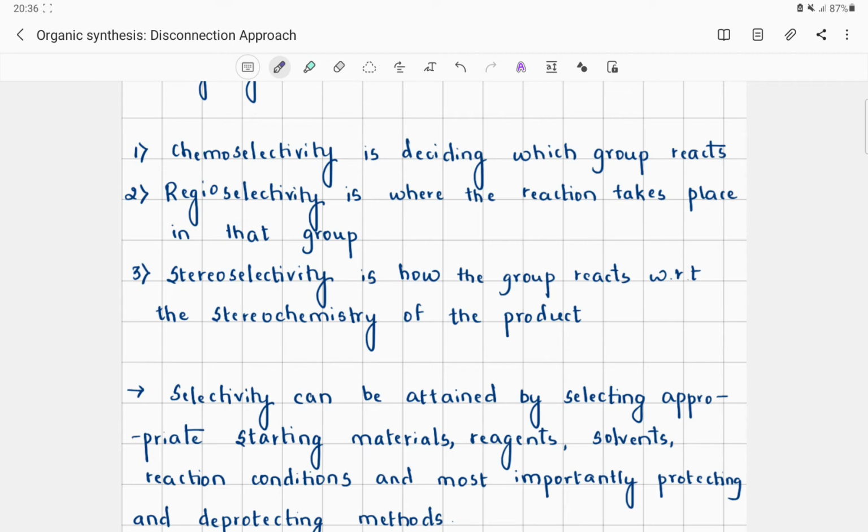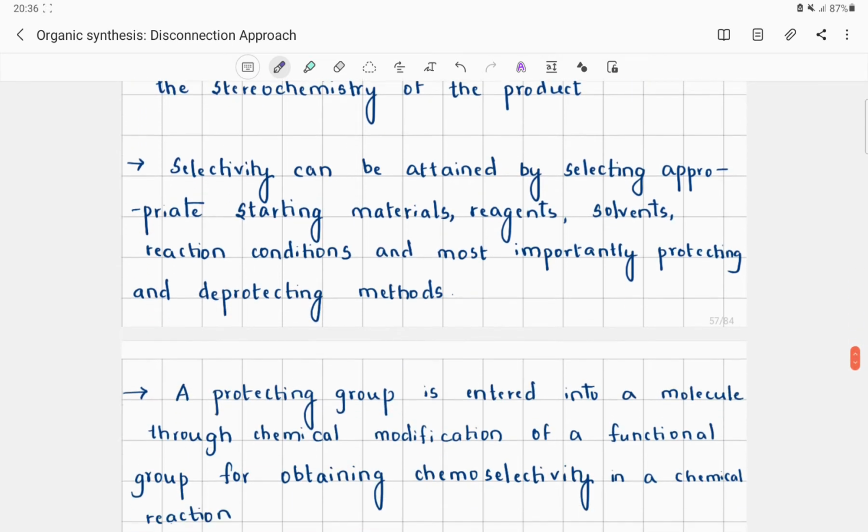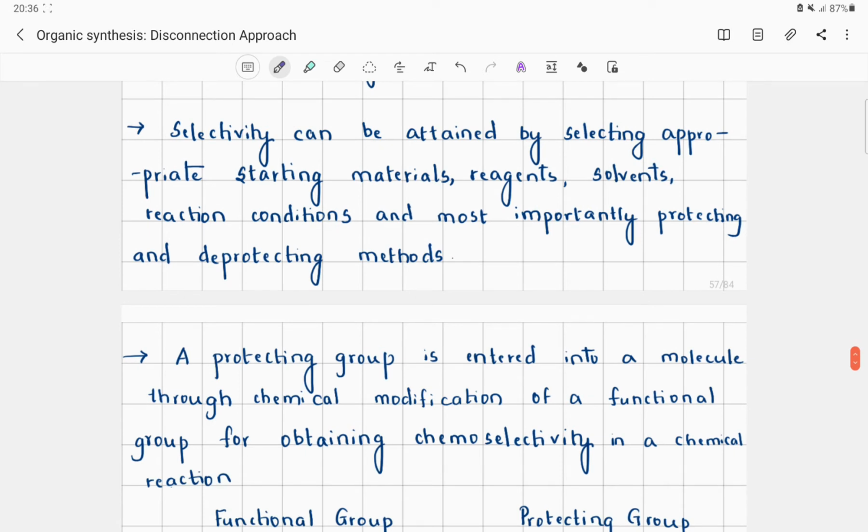Regioselectivity is where the group is going to react and what kind of final product we are going to get, and where the reaction takes place in a particular functional group; that decision is called regioselectivity. Selectivity can be attained by selecting appropriate starting materials, reagents, solvents, reaction conditions, and most importantly protecting and deprotecting methods.